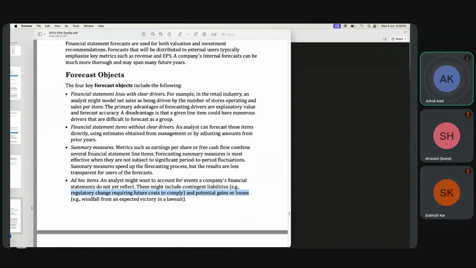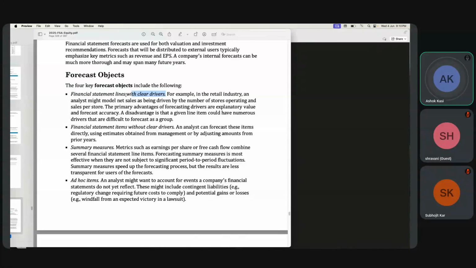Now how can you forecast financial statement lines with clear drivers? What do you mean by clear drivers?